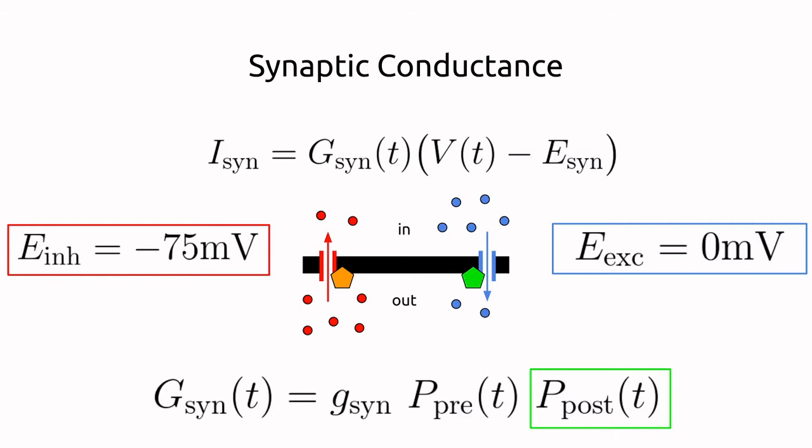With this abstraction, our model is only going to have two kinds of synapses: excitatory synapses and inhibitory synapses, and we'll denote excitatory synapses by a subscript EXC and inhibitory by INH. The reversal potential for excitatory synapses is about 0 millivolts, while on the other hand, for inhibitory neurons, it's about minus 75 millivolts, i.e., below the resting potential of a standard membrane of minus 65 millivolts.